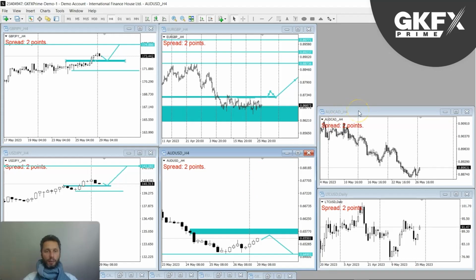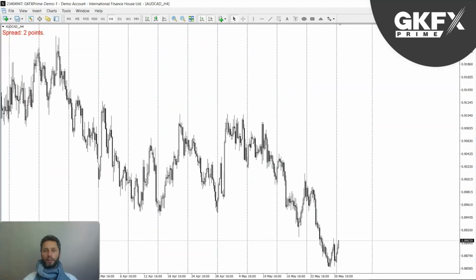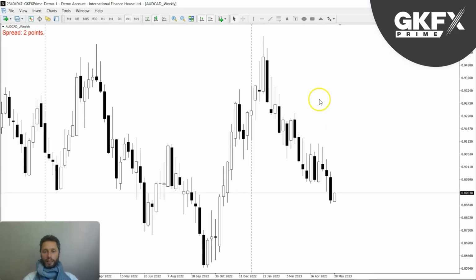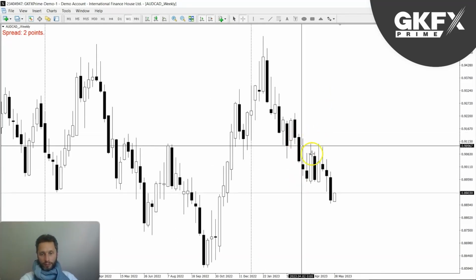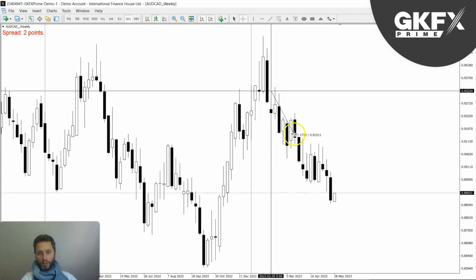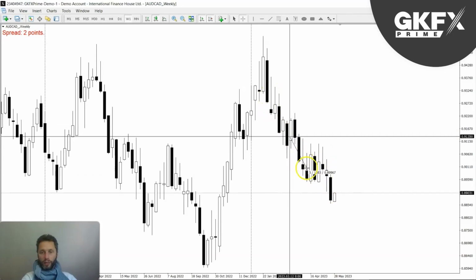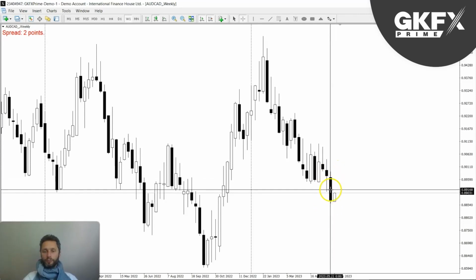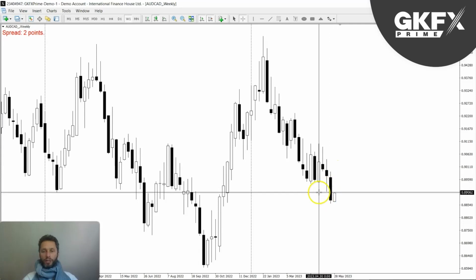So the next minor pair would be Aussie CAD. What we got going on with Aussie CAD and why have we picked that? Well, you can see clear bearishness, clear weakness in the market. Last week we had a very, very weak candle. Clearly bearish, clearly weak.